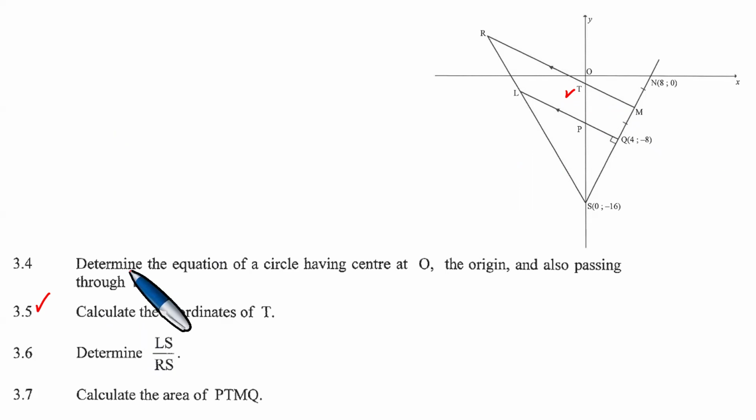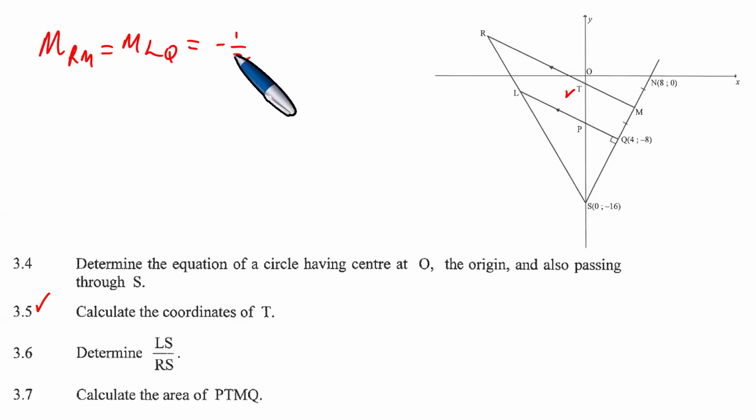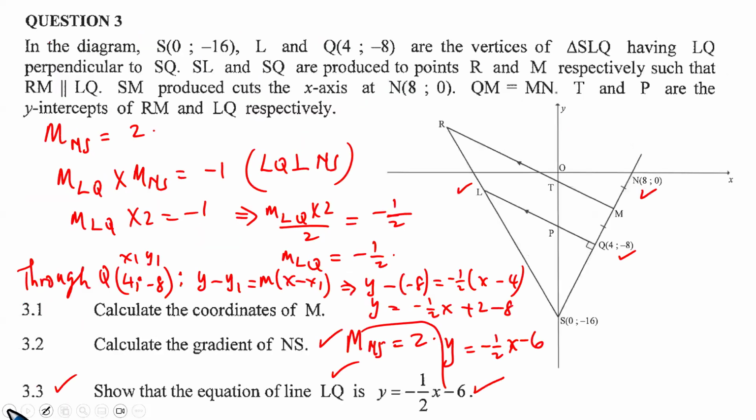Right, now, the fact that this line is parallel to this, it means therefore we know that in 3.5 we need to do the gradient. The gradient of RM must be the gradient of LQ, which is minus 1/2. We already know that the gradient of LQ is minus 1/2.